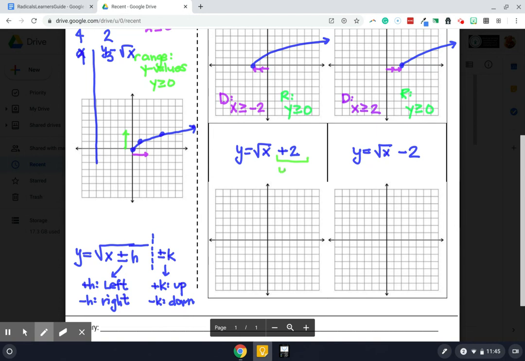The outside does not lie. So when it says plus 2 like that, that means our whole graph is moving up 1, up 2. If it says minus 2 like in this one, that means our entire graph is moving down 2. Down 1, down 2. We're just picking it up and redrawing it down below.